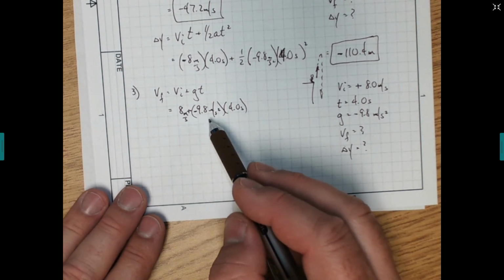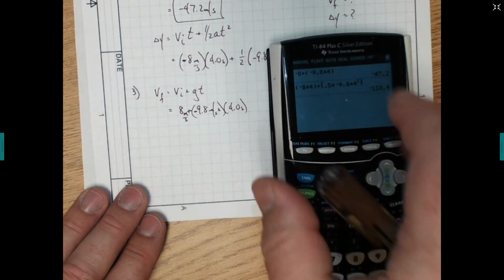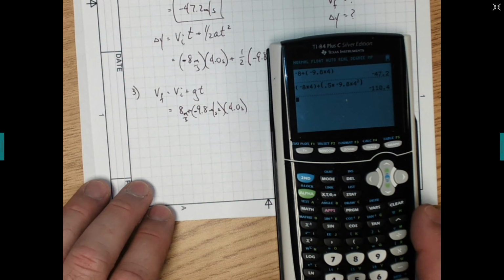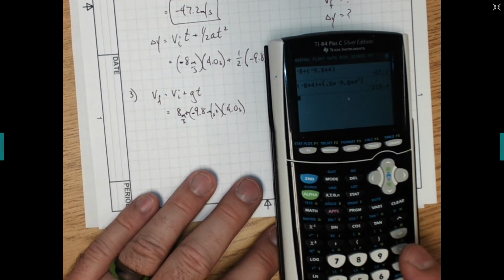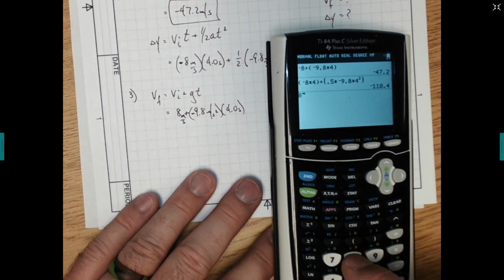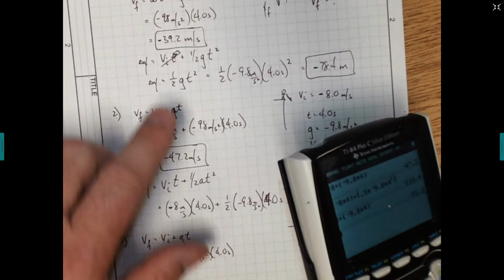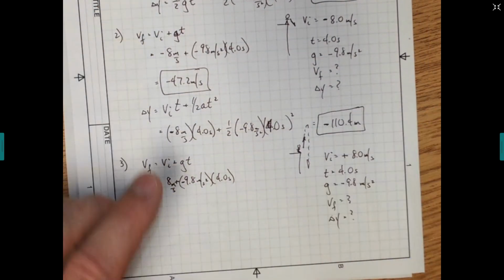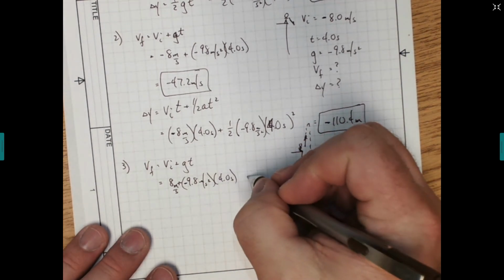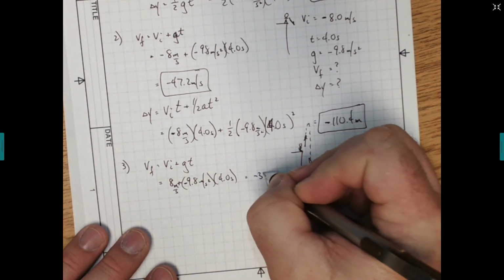Now they're opposite signs, so now it should make that initial number smaller by 8. So let's look at that. So we have 8 plus negative 9.8 times 4, and we get negative 31.2, which is 8 added to that 39.2. So that made sense. Okay, so negative 31.2.